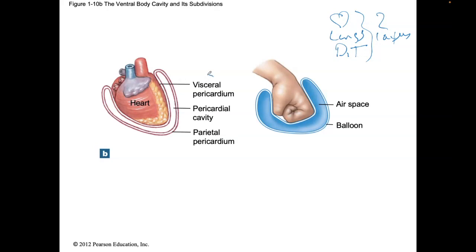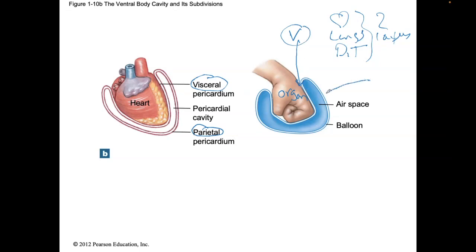One of those layers is a visceral layer, and the other layer is a parietal layer. So if we were to take a balloon and I'm pushing my fist into the balloon, the layer that's contacting my fist, which would be any organ, whether it's the heart, the lungs, the stomach, the intestines, that's called the visceral layer.